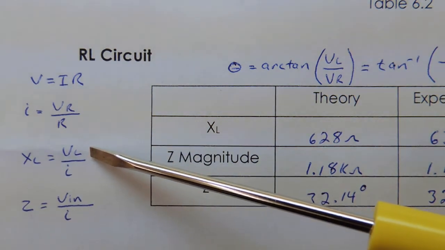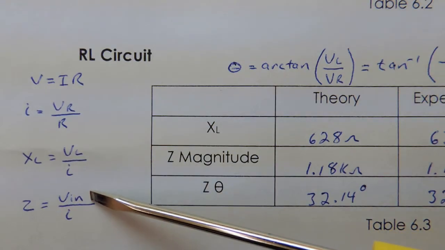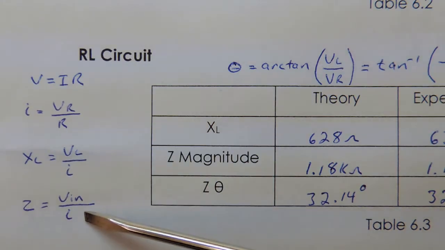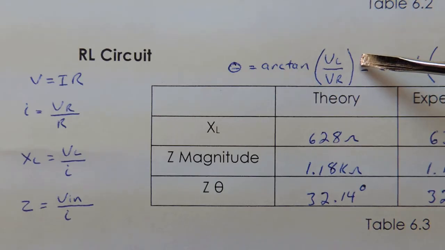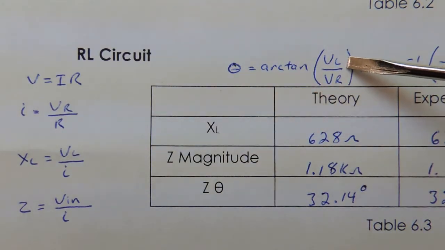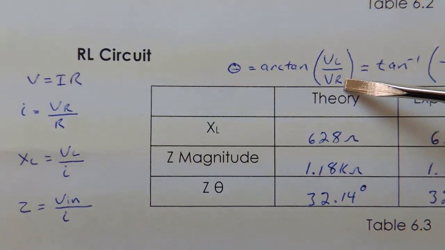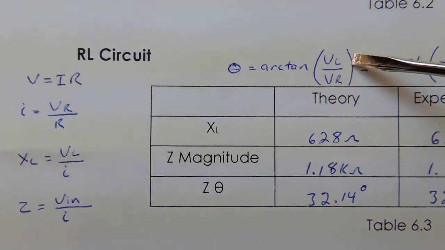XL is going to be equal to VL divided by I. And Z, which is the total resistance of the circuit, is Vin divided by I. And the formula for the phase angle is arctan of VL divided by VR. I don't think I gave these formulas to you in the procedure, but I'll give it to you now.